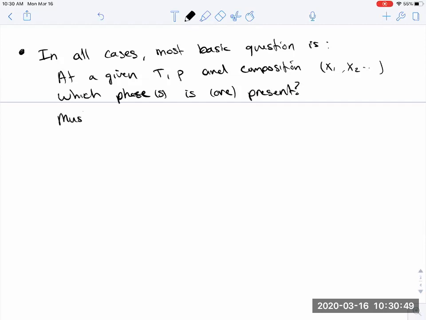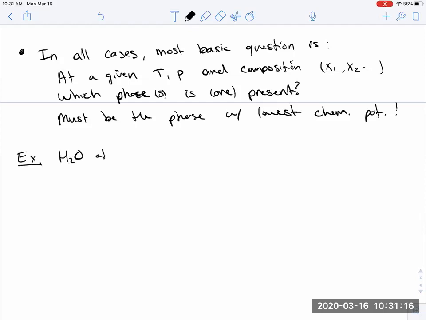It must be the phase with the lowest chemical potential, because otherwise mass would spontaneously flow to the other phase. So let's think of an example.